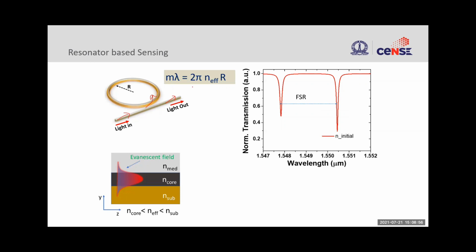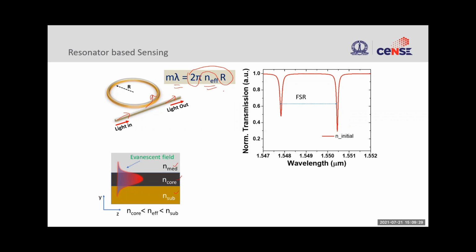There are certain wavelengths that will couple into the system and stay inside this cavity longer than the others. That is dictated by the phase matching condition, where the resonant wavelength, lambda, is dictated by the geometrical path length, 2 pi r, and the effective refractive index that includes the refractive index of the core, the substrate, and the medium.